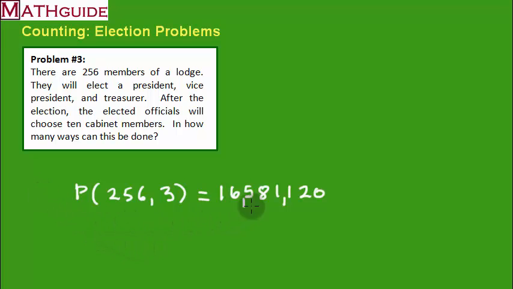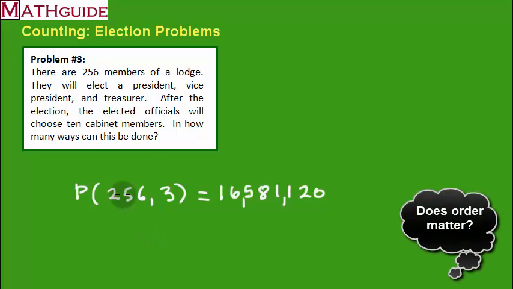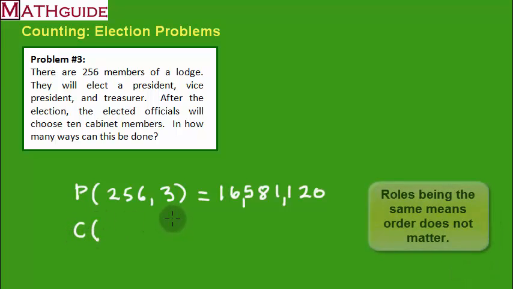Now let's talk about after these 3 people get elected. It looks like they're then going to choose some cabinet members, and we're going to choose 10. So now what do you do with that? Now this is a little complicated because order does not matter here, because we're going to take 10 people and give them a role, and all their roles are going to be the same.